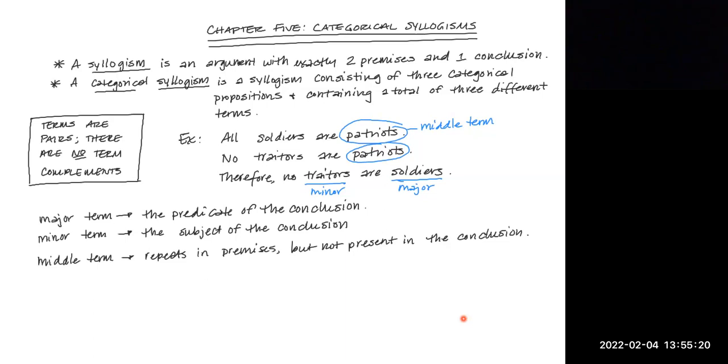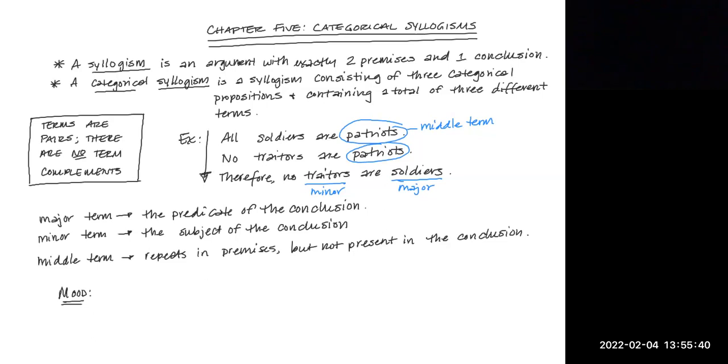If you are trying to determine the mood of an argument, the mood of an argument is simply the names of the letter statements in order from top to bottom.